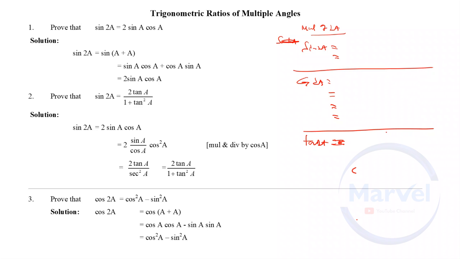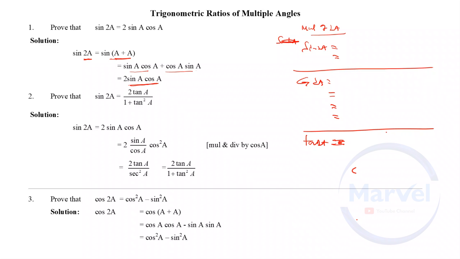First, sin 2A. So how to write 2A? 2A can be written as A plus A, sin of (A+A). For the sin function, what is the rule? Note, very important, don't learn the formula by heart. Different function, same sign. So sin A cos A plus cos A sin A. Both the terms are the same, only the orders are different, and hence we can write it as 2 sin A cos A. Once again I will explain.